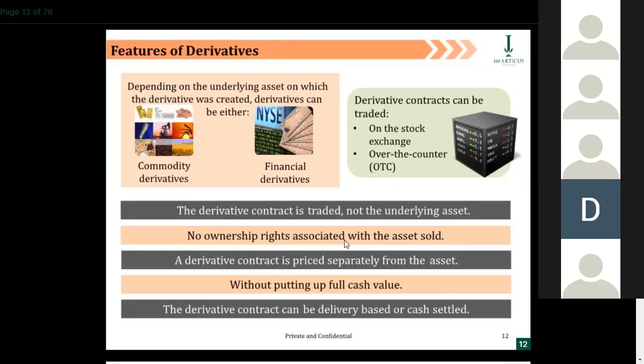The broad difference is one is traded on exchange and is standardized, another is customized. When I say standardized, that means you cannot change the attributes of the derivative contract which you're going to trade on a futures exchange. Attributes means the lot size, which will be mentioned by the exchange, and settlement will happen on a monthly basis.